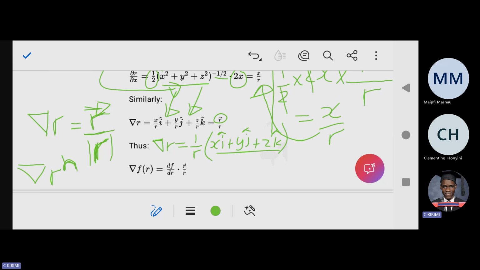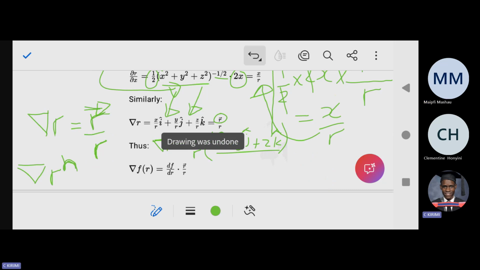If it's a vector, the one on top will be in bold, and the one on the bottom is not. Some textbooks put the r with the vector arrow if they don't want to put it in bold. Some books put the top one in bold, so you find it is black, and then the r below it is faint. Then you must know the top one is a vector. Okay.